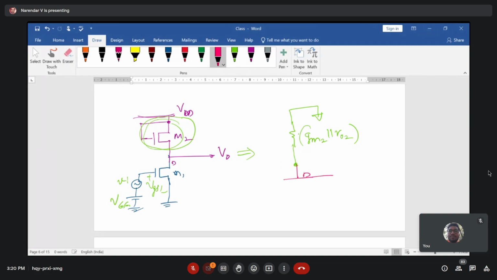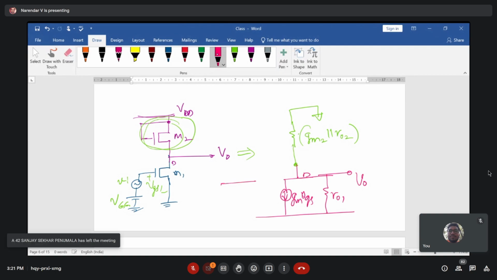So the drain terminal of the first transistor is going to have GM times VGS, and here R01, this is V out, V input, this is VGS, right?